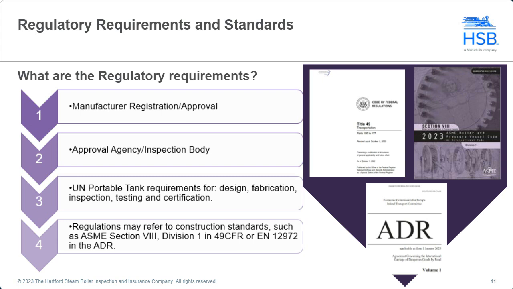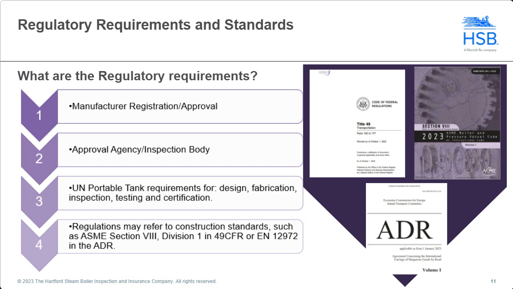ASME Section 8 Division 1 requires the manufacturer to have an agreement with an authorized inspection agency such as HSB. Depending on who the manufacturer's authorized inspection agency is, it is possible that for the manufacturer of that UN portable tank, the designated approval agency for US DOT and the authorized inspection agency for ASME Section 8 can be two different organizations. But HSB, we can do them both for you.